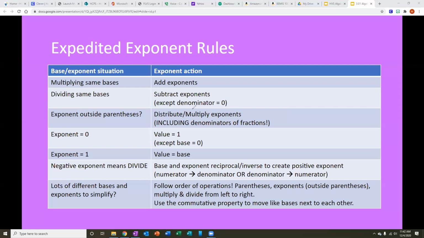And then we have the calculation rule: multiply means add, divide means subtract, and power to a power means multiply. But then we have the identity rules: anything to the 0 power is 1, anything to the first power is itself. And people don't tend to have a problem with that.